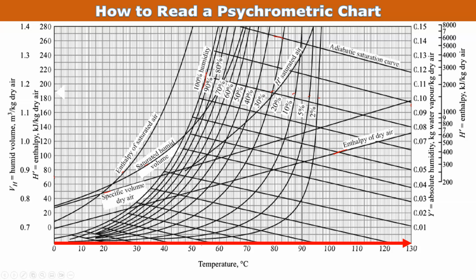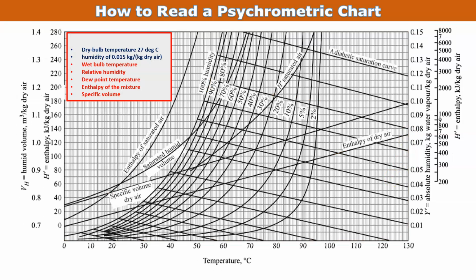So this is another type of psychrometric chart. Everything is given. Now I am taking this red line. This is the dry temperature and this is the absolute humidity. Two properties of the air are given: dry bulb temperature 25 degrees centigrade, and humidity 0.015 kg per kg dry air.